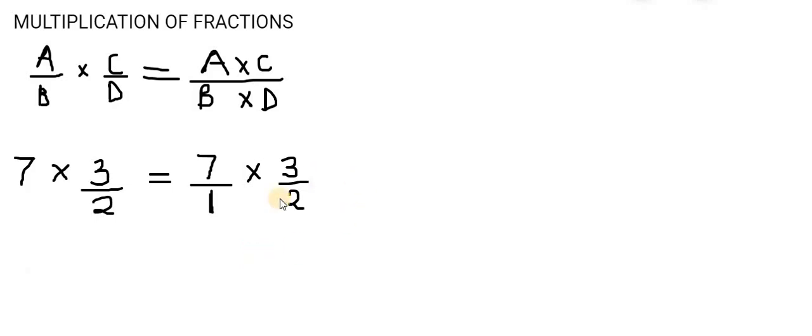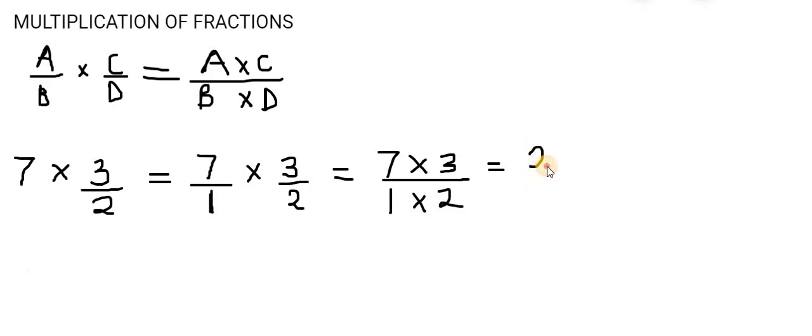Okay? Now, we can just carry on. Top number times top number. Bottom number times bottom number. 7 times 3, 21. 1 times 2 is just 2. Okay?